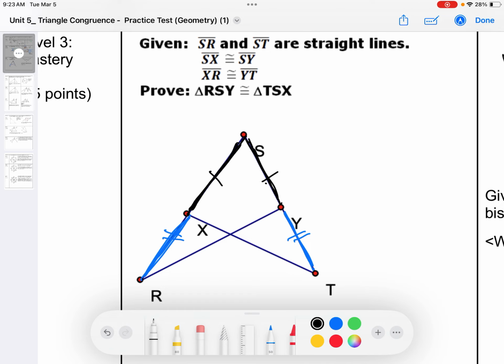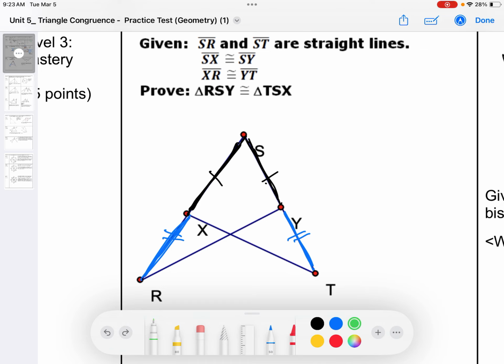That immediately leads me to believe that this side is congruent to this side. And that would probably be helpful because we're trying to prove that RSY is congruent to TSX. RSY. Where is RSY?